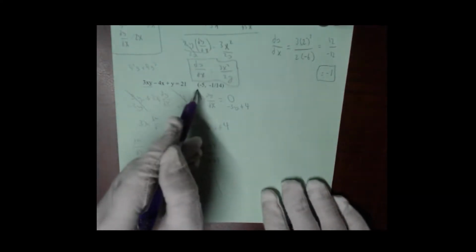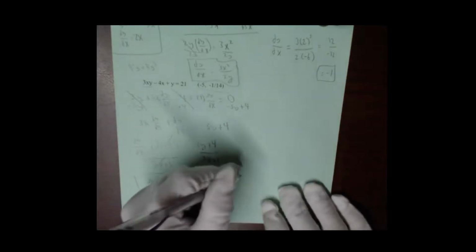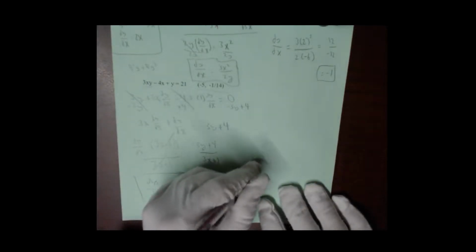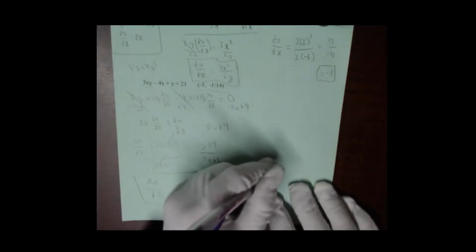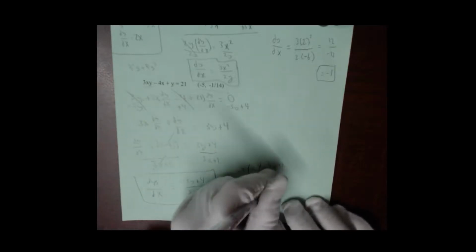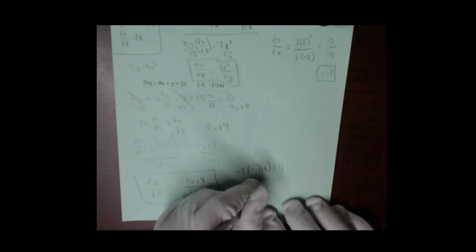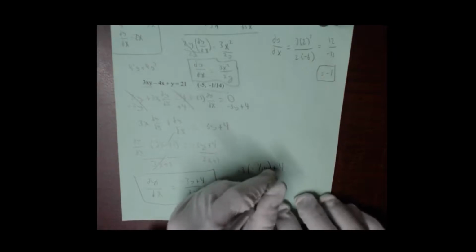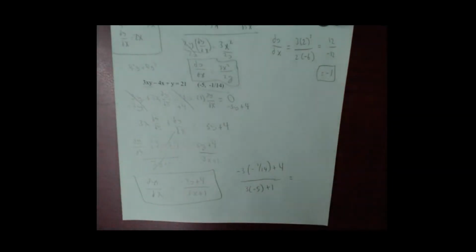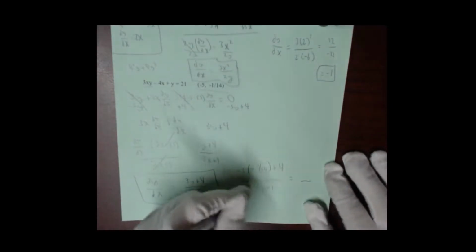Now to find the actual slope, you just plug in your x and y values, and then you're done with it. So that's going to be -3 times -1/14 plus 4 over 3 times -5 plus 1. So that means on the bottom, we're going to get -15 plus 1, which is -14.